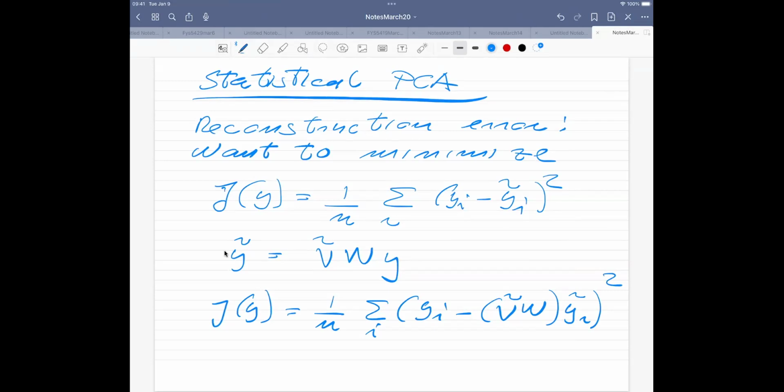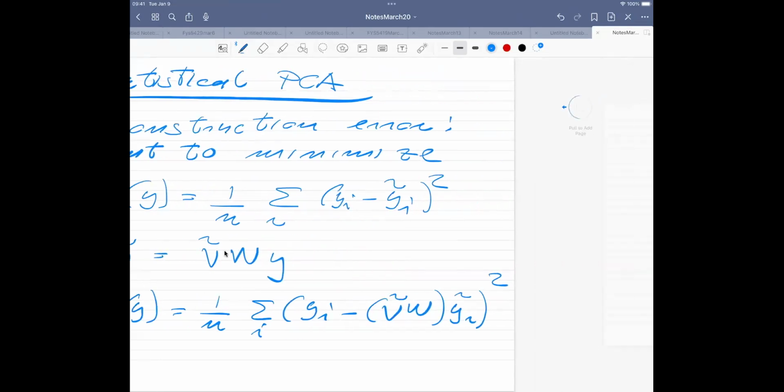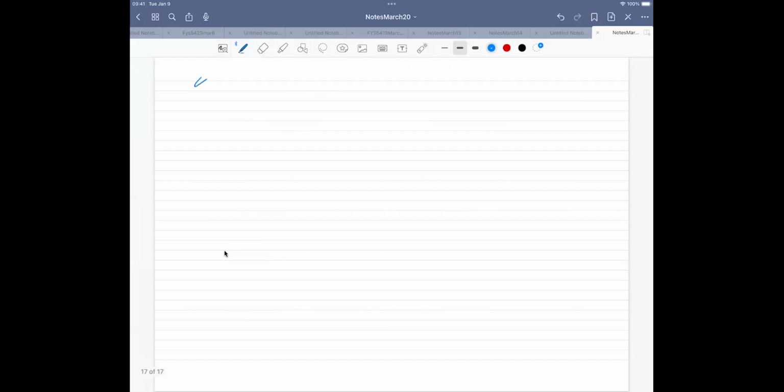If you think of this object, you would like to define an approximation. We want to find a transformation which actually finds the eigenvalue.